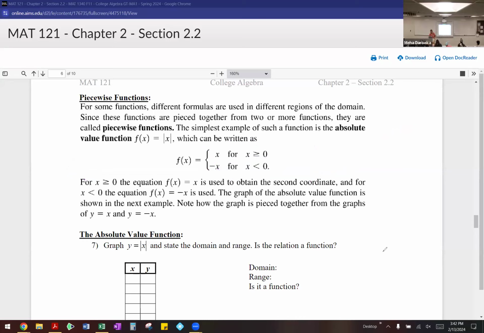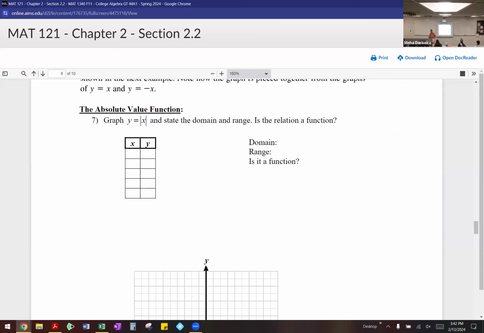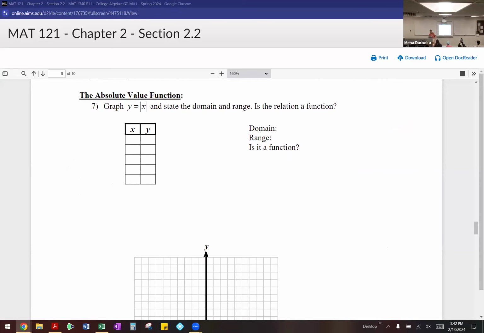So just to show you how, if we had to complete this table, how would you work on this? Let's say I use -2, -1 for my x values, and then 0, 1, and 2. The upper half here, I would use this as my function. And for the bottom half, I would use this as my function. So to calculate that first one, I would do negative of -2, which would give me +2.